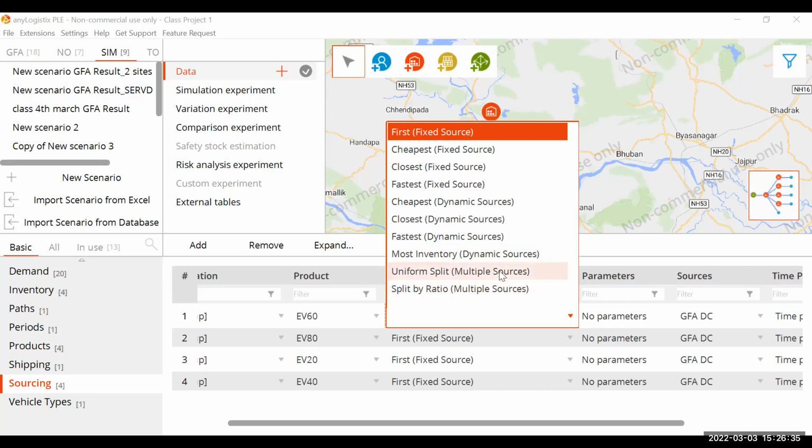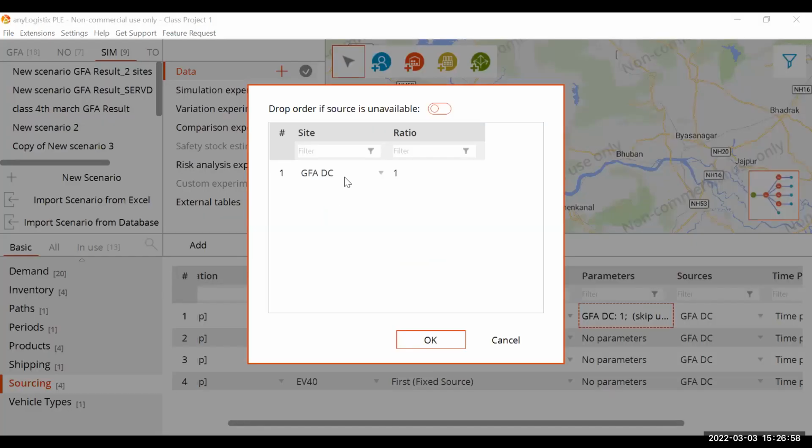Or I can say I have multiple sources for a single customer, say Delhi. The material will come from Aurangabad and also from, say, Ghaziabad. So I can split how much of the order comes from different distribution centers. Whenever I select uniform split or split by ratio, I have to specify the parameters.